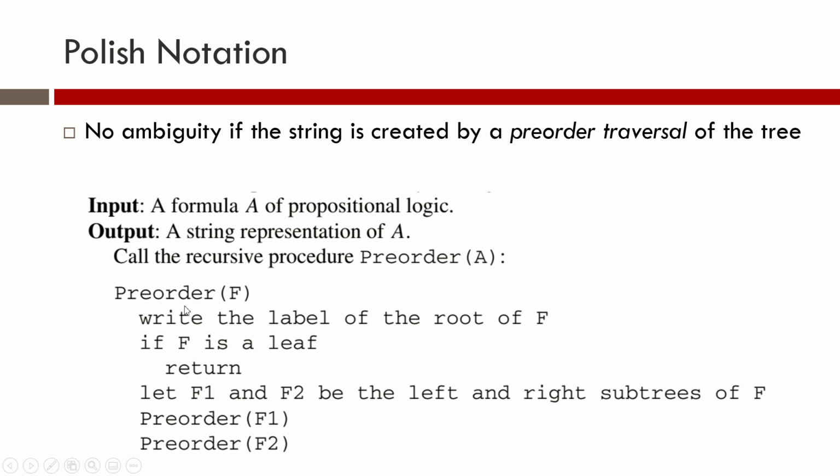It is a recursive procedure, and in pre-order traversal we first write the label of the root, then we check whether f is a leaf. If f is a leaf, we return. Otherwise, we call pre-order on f1 and f2, where f1 is the left subtree and f2 is the right subtree of f. So these are the three different methods for resolving the ambiguity in the string representation of the formula.